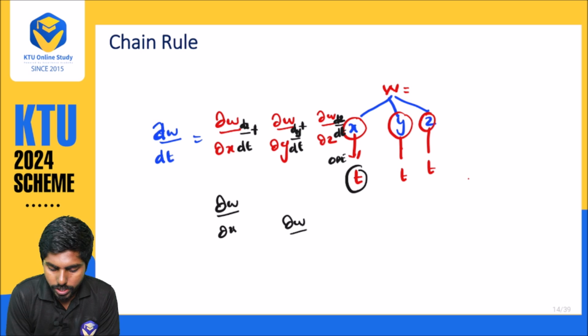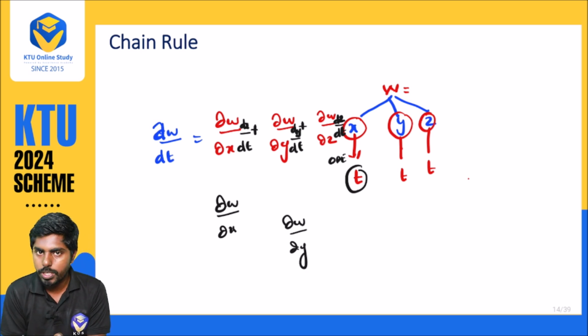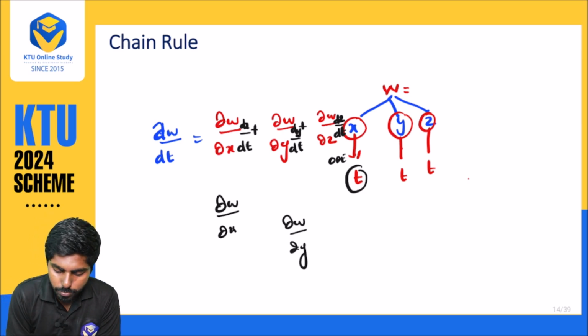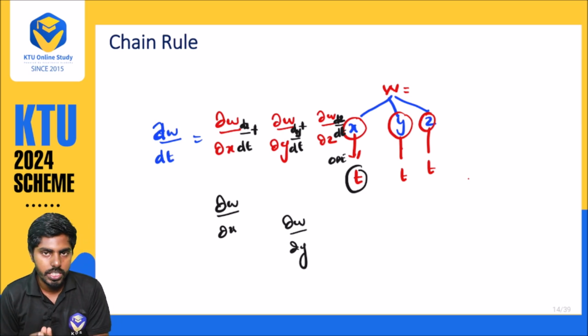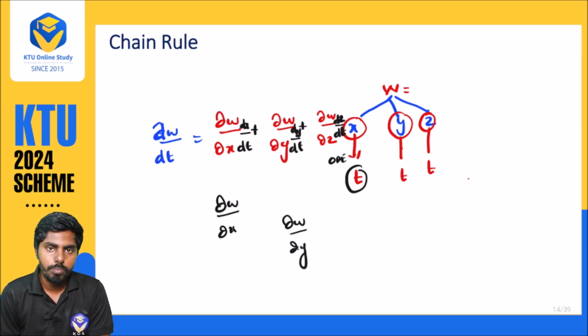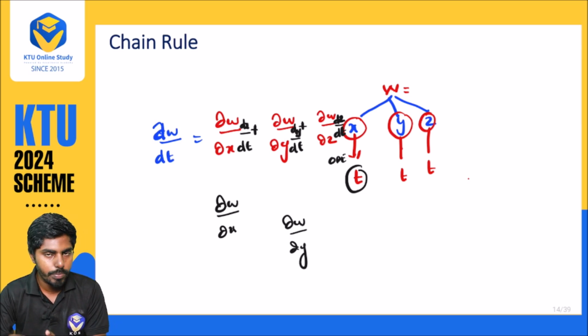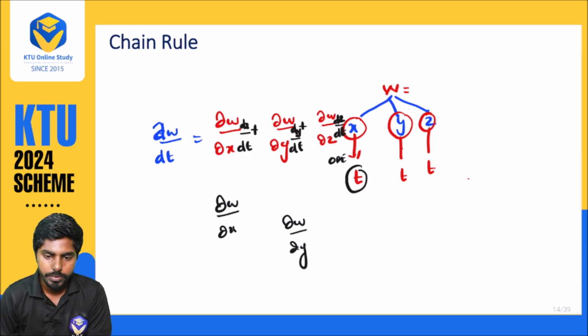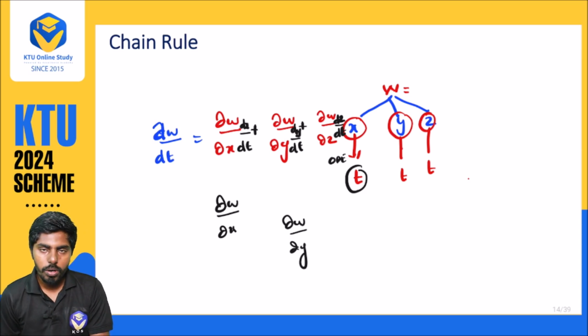Similarly dou w by dou y is the partial derivative with respect to y, and similarly the partial derivative with respect to z. This is nothing but normal ordinary differentiation. Okay, so now we will move on to problem number 1. These are the basic things you want to know.